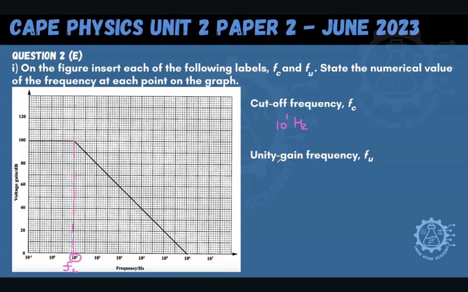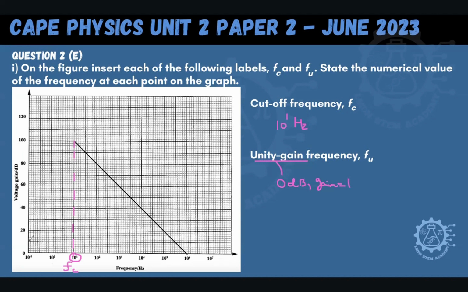All right, unity gain frequency now. Unity gain means that we have a voltage gain of either 0 decibel that we can see on our graph, or again, a unitless gain of 1. Those two things are interchangeable, or equivalent. At 0 decibel, there's a gain of 1.